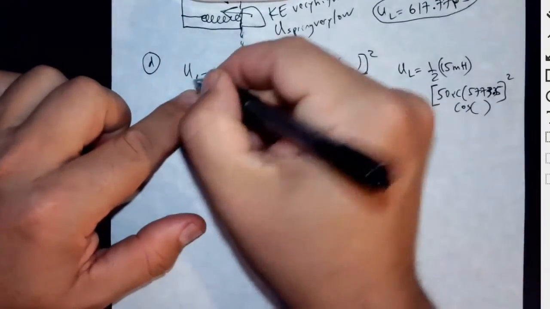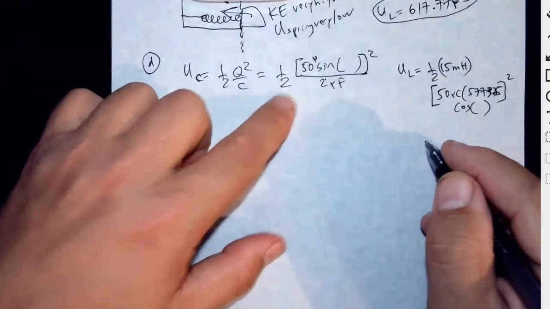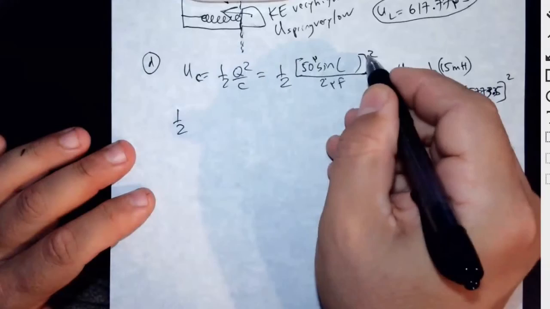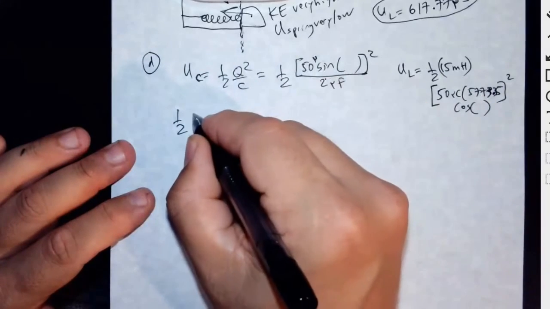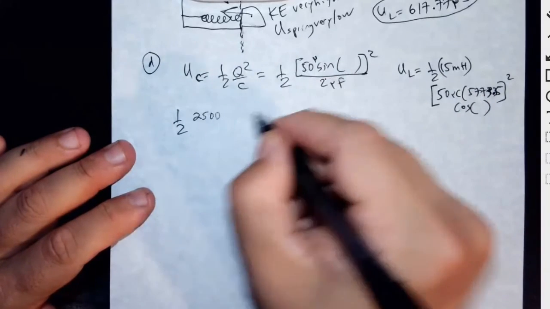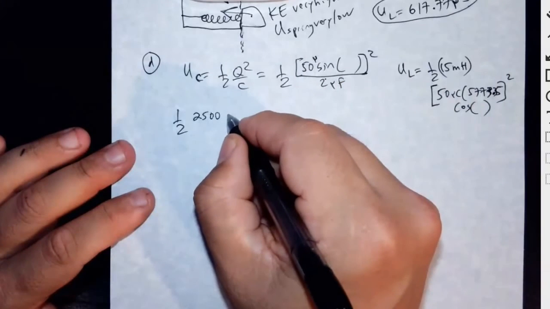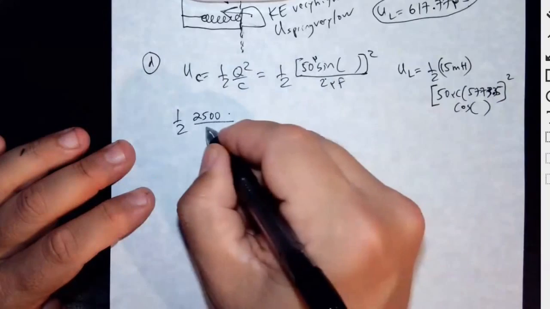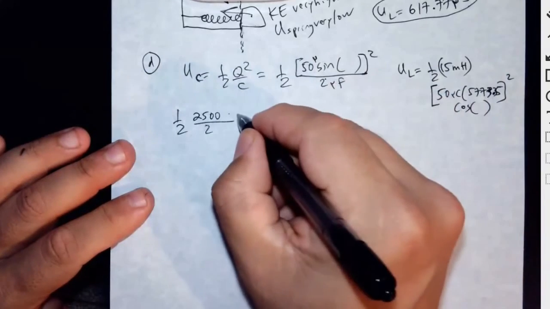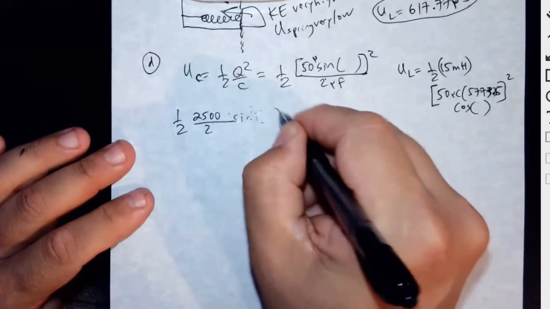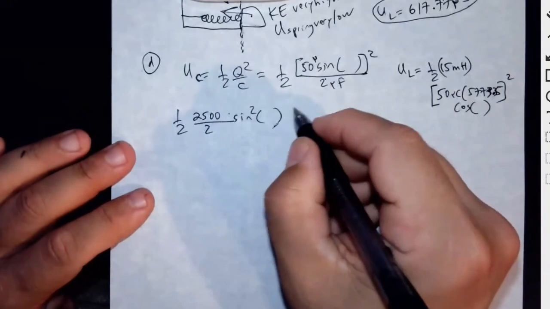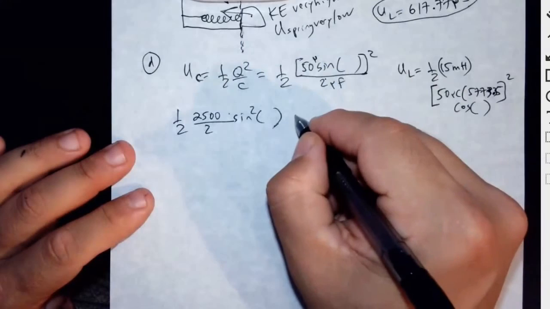Energy of the capacitor. So then you have here 1/2, 50 squared. So 50 squared is going to be 2500, over 2, and then sine squared of the thing in the parentheses, and there's going to be an extra microjoule.